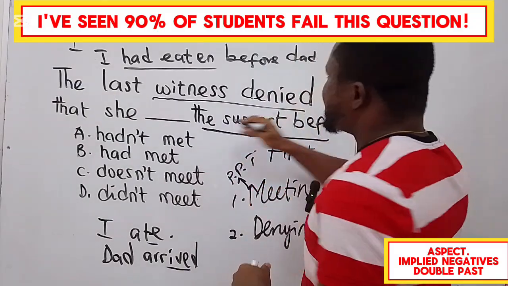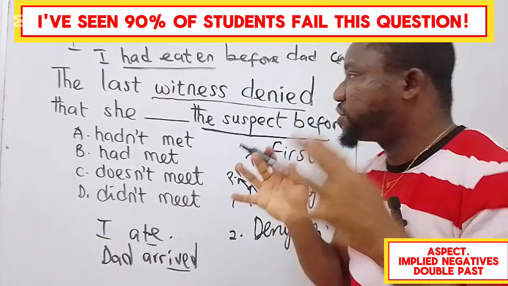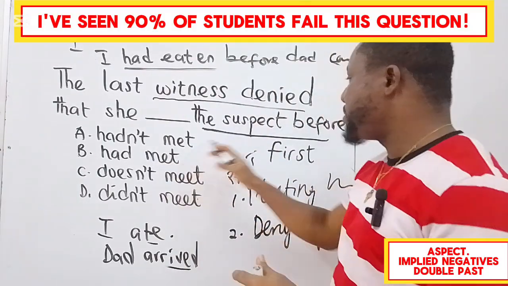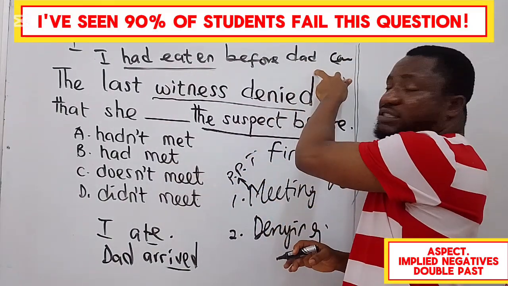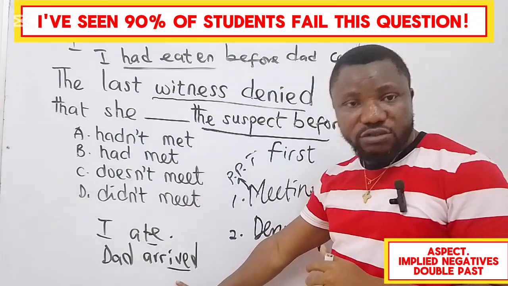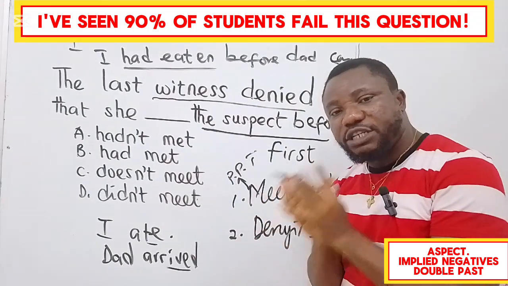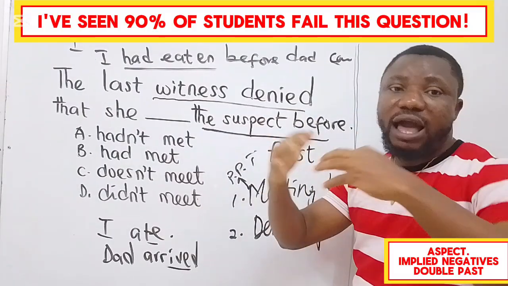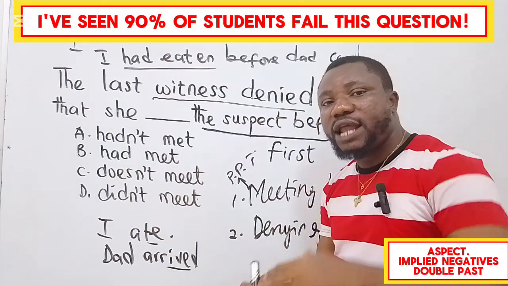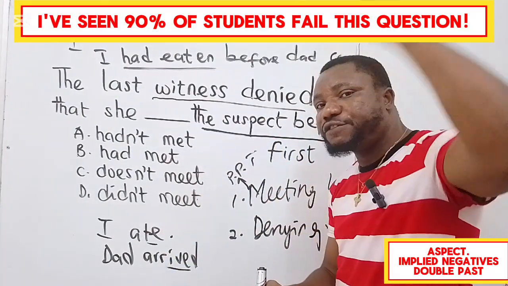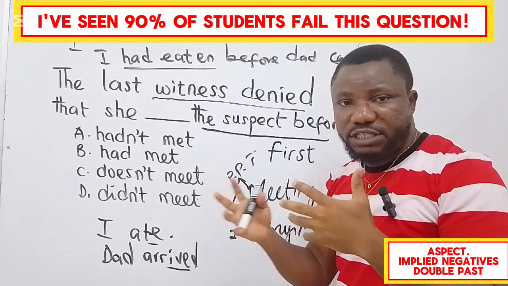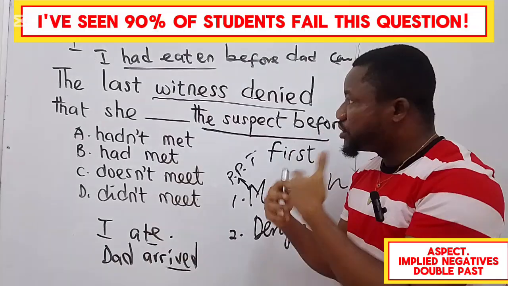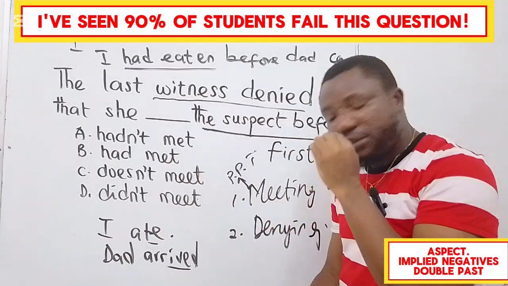Remember, I did say that the first situation should be talked about using the past perfect tense, the PPT, while the second situation is talked about using simply a past tense verb, because of course both happened in the past. But because one happened before another, the first that happened takes the past perfect, while the later action is described using the past tense verb.